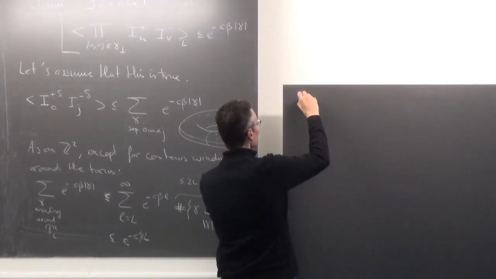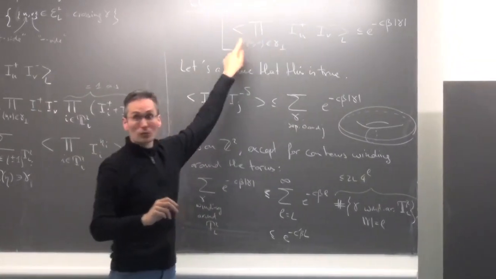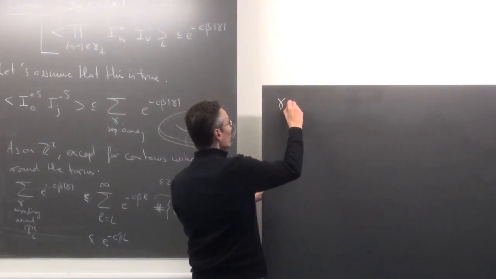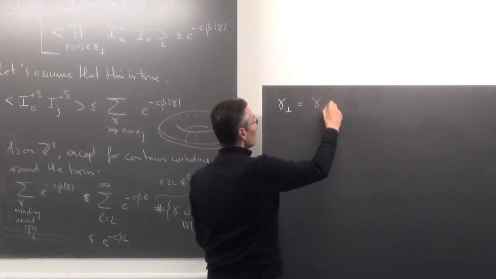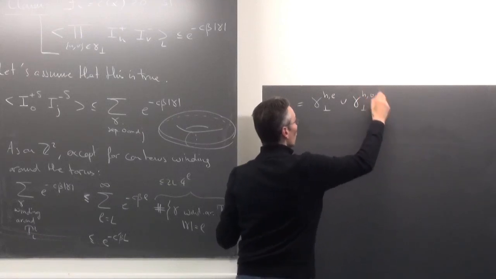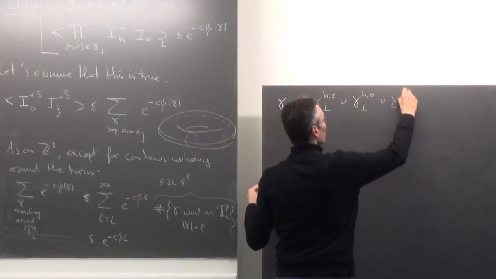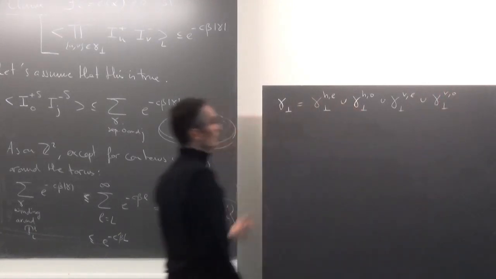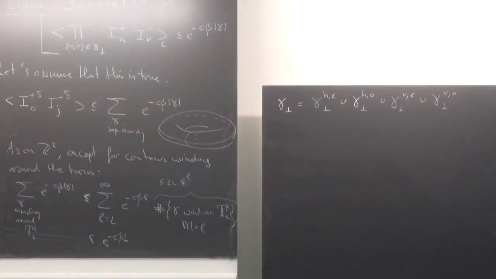So I want to split the edges which appear in this product into 4 families. Okay. So I want to write gamma orthogonal as gamma orthogonal HE union gamma orthogonal HO union gamma orthogonal VE union gamma orthogonal VO. So what are these sets?